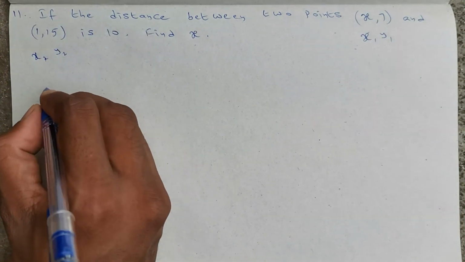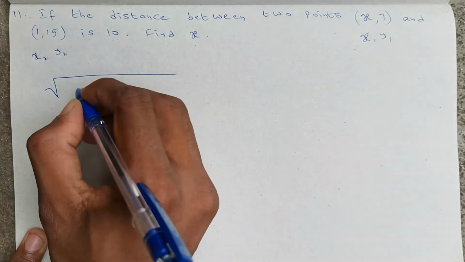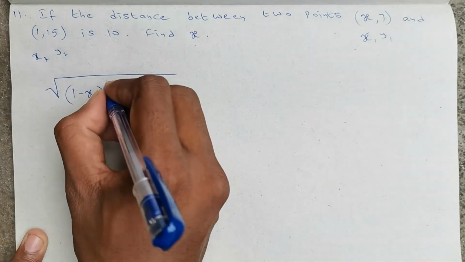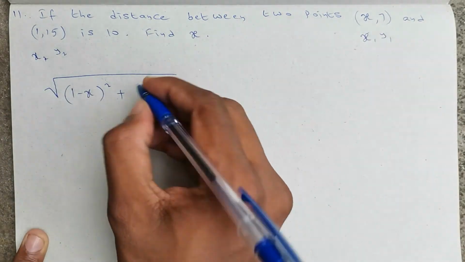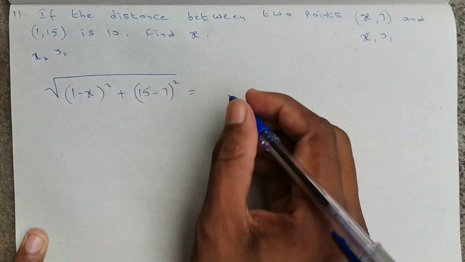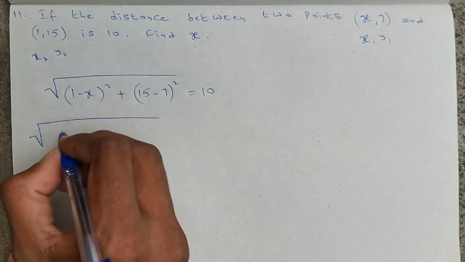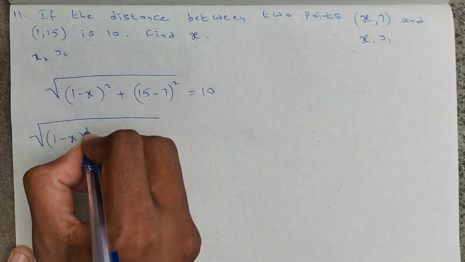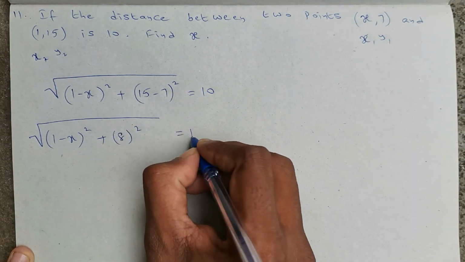Let us find the distance. x2 minus x1, (1 minus x) whole square, plus y2 minus y1, (15 minus 7) whole square. And this distance is given as 10. Here under root (1 minus x) whole square plus (15 minus 7), that is 8 square, is equal to 10.